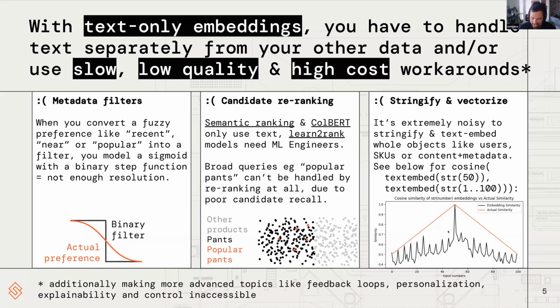If you just stringify some integers and then make embeddings of those strings and calculate similarities between those vectors, you will see that there is no underlying concept of 49 being 1 less than 50 in the latent space of the model. And so stringifying non-text data and running it through text encoders, that's another big issue that exists out there. So these three things are basically what is wrong with the left side of the previous slide, right?